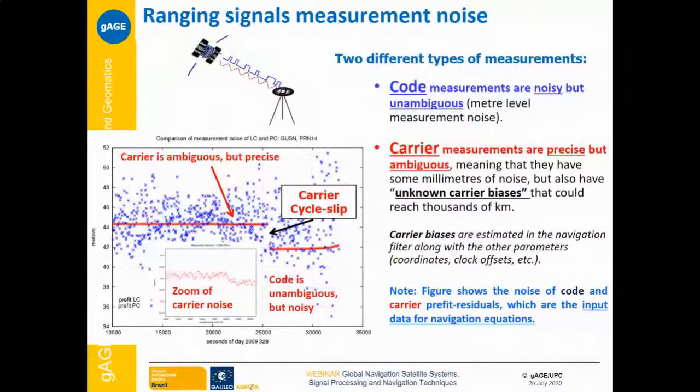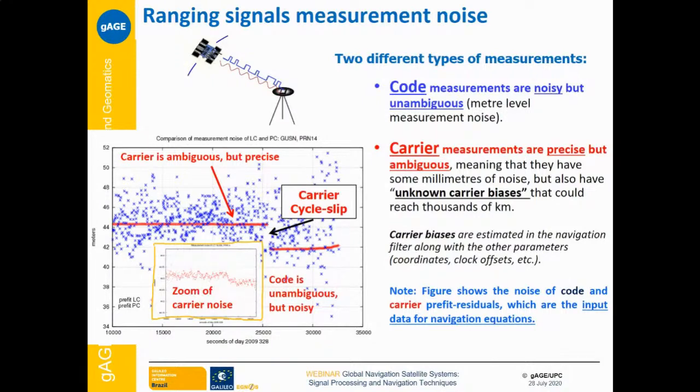In contrast, in red in the plot, we have the carrier. The carrier measurements are very, very precise. You can see a zoom illustrating the noise of these carrier measurements, which is at the millimeter level.